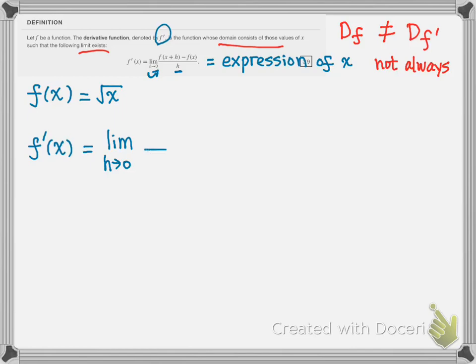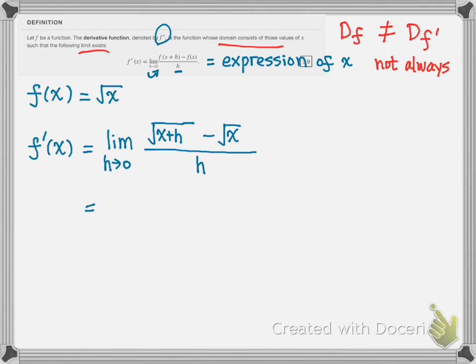So what is that? It is square root of x plus h inside. Then you subtract f of x. Well, f of x is square root of x, all over h. This is the definition of f prime of x. And we need to evaluate the limit to get the answer.